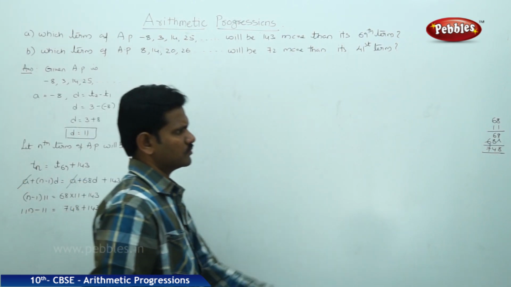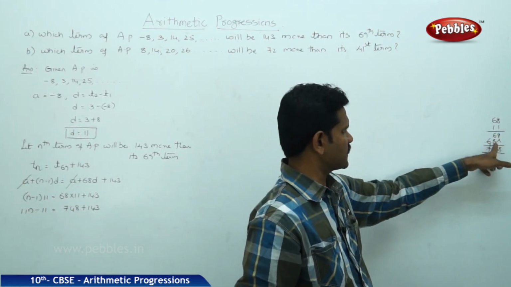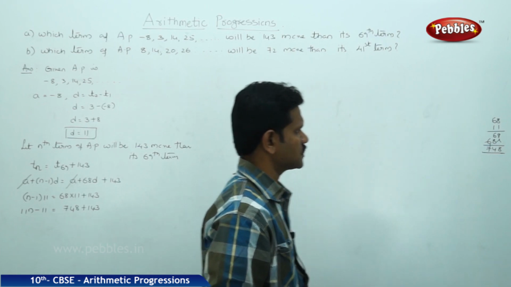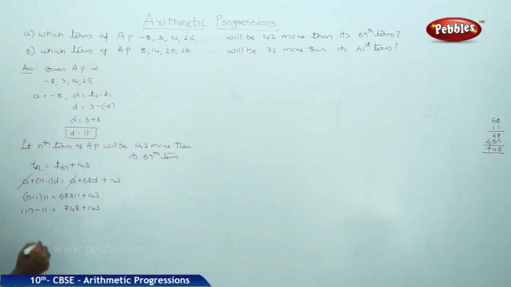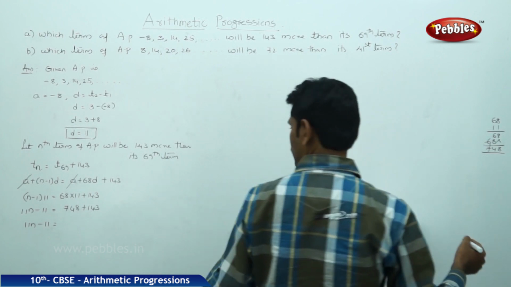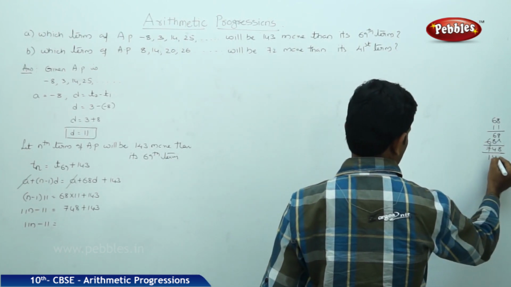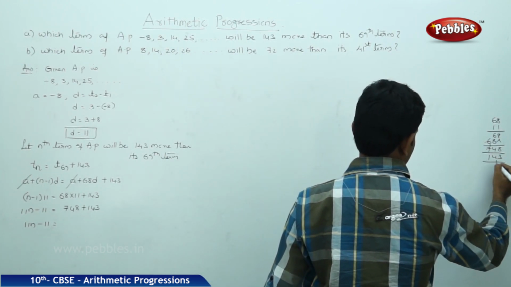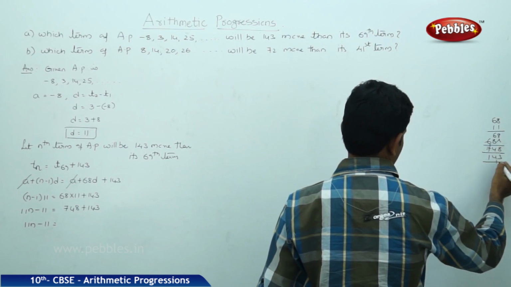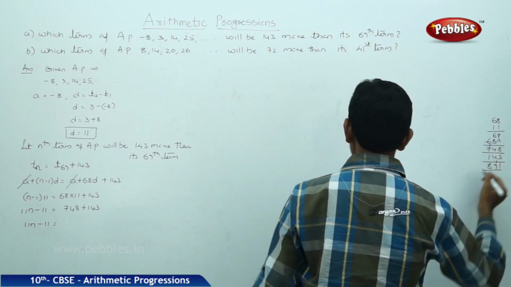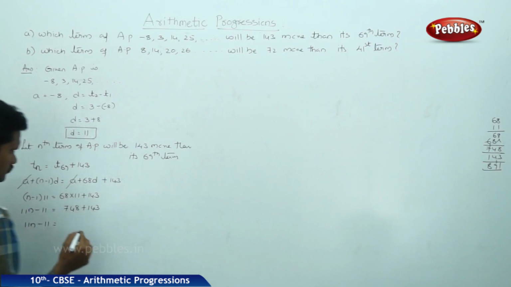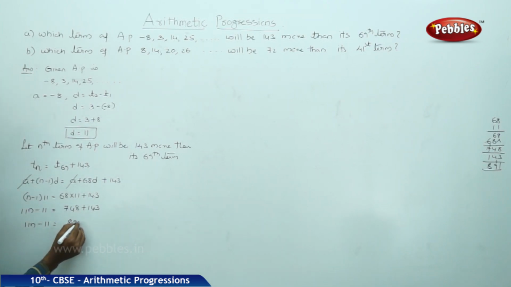Let us check one more time. That is 748. That is, 11n minus 11 is equal to, add both 748 and 143: 8 plus 3 is 11, 4 plus 4 is 8, 7 plus 1 is 8, that is 891.